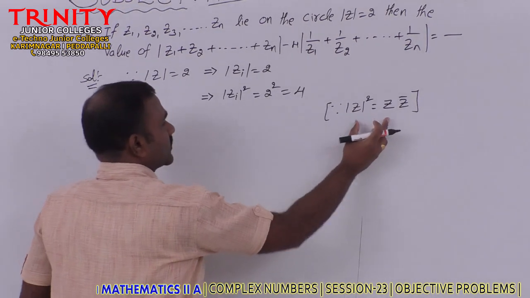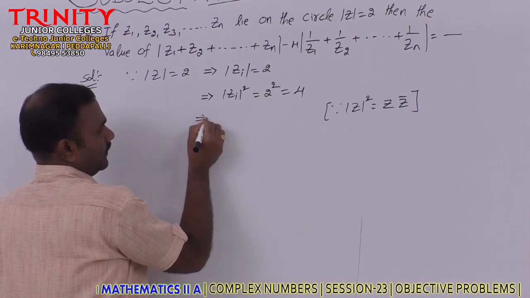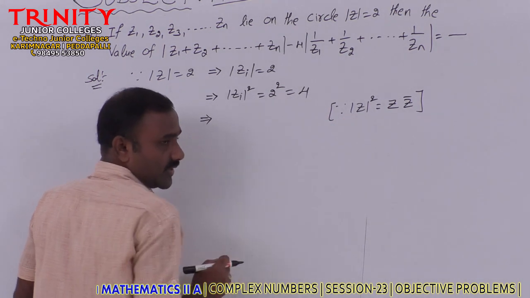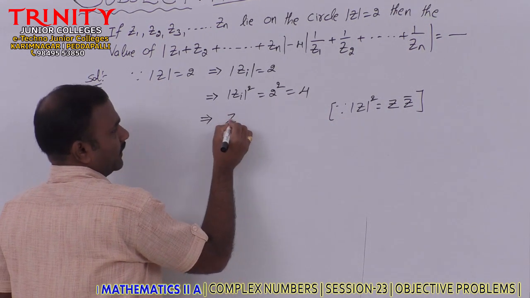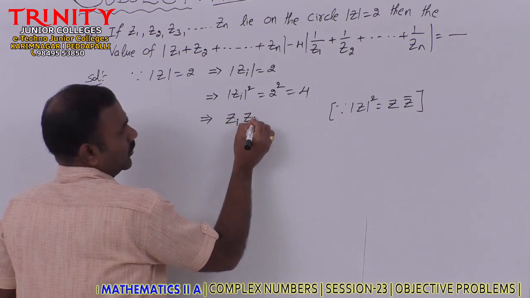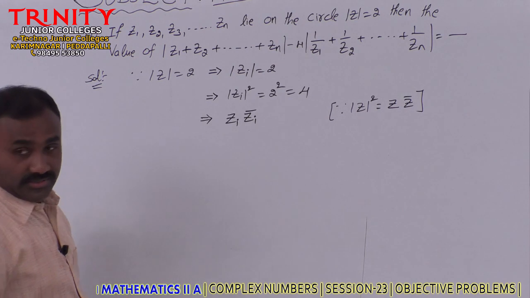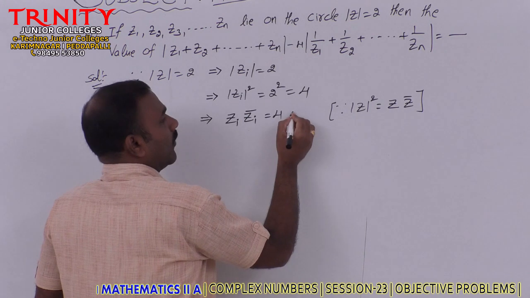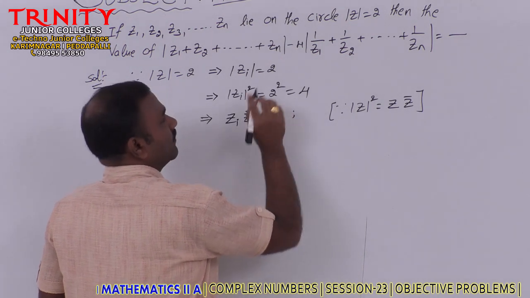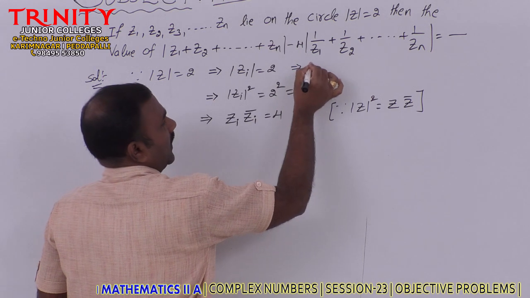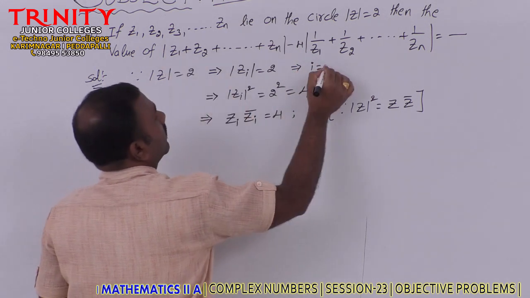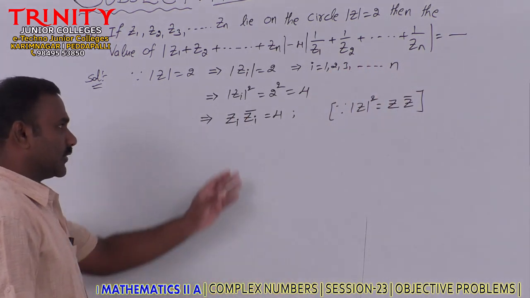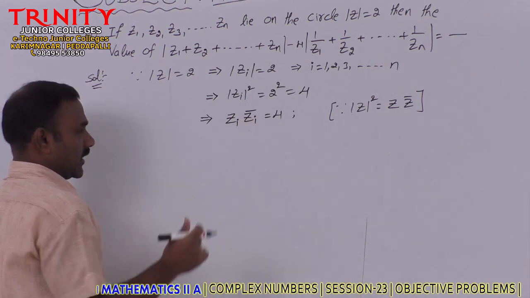Now we are applying this property here. See, this is in this format, mod Zi square, mod Z square. Therefore, we can write this as Zi into Zi bar is equal to 4, where the values of i, here or here you can take anywhere, i is equal to 1, 2, 3, so on n.